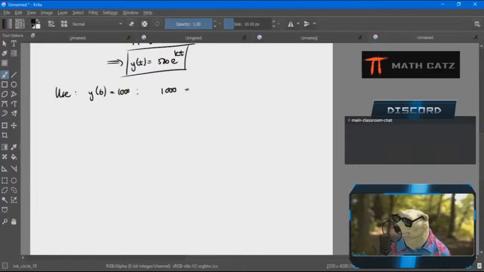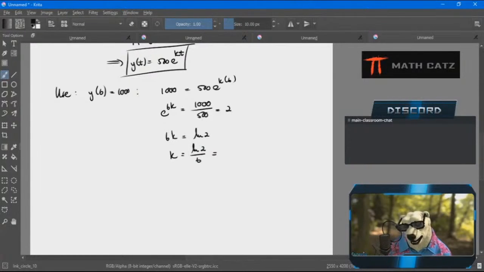Plug in 1,000 for Y. Plug in 6 for T. And e to the 6k equals 1,000 over 500, or in this case 2. So 6k equals natural log of 2, and k equals natural log of 2 over 6. Let's see what that is.